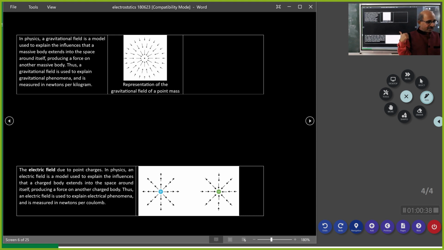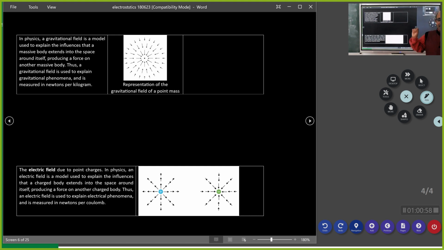See why this sentence is important. You believe in what you see. If I tell you there is a gravitational field here, I drop it, it is dropping, and I convinced you that there is a gravitational field. That is true.